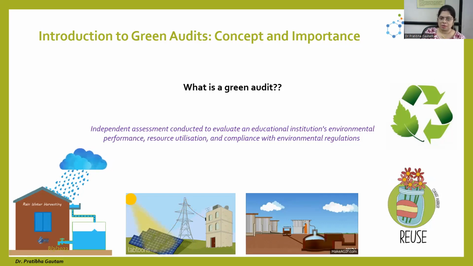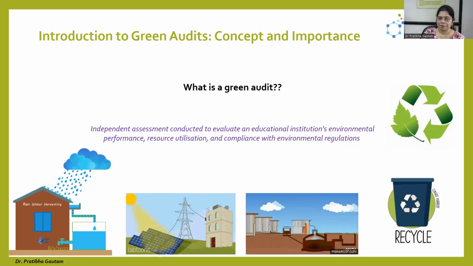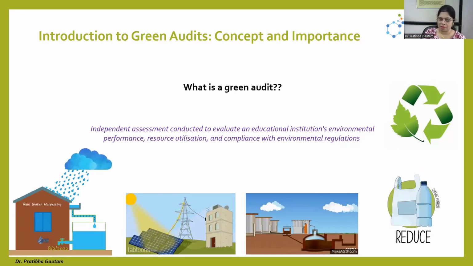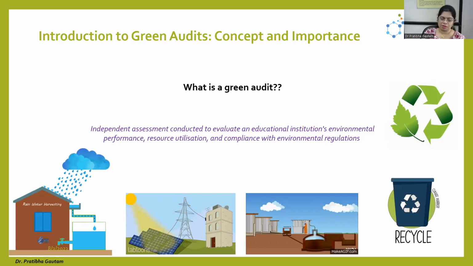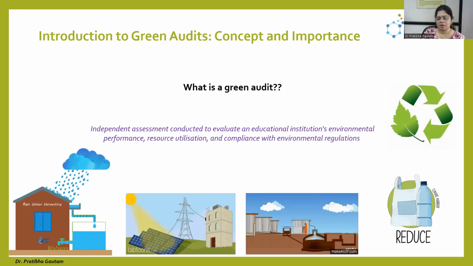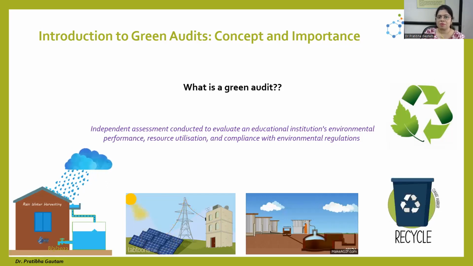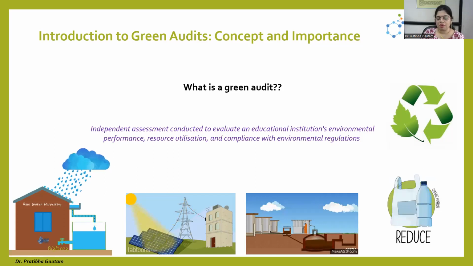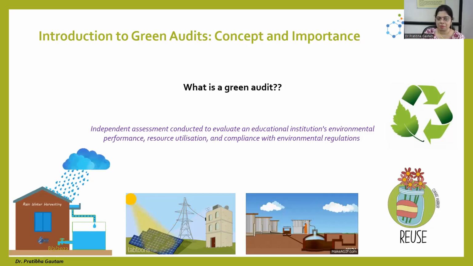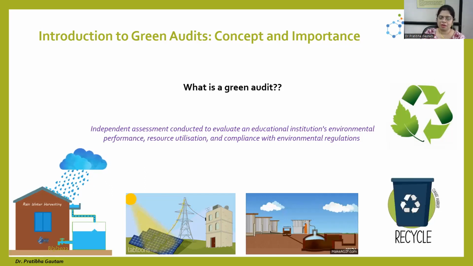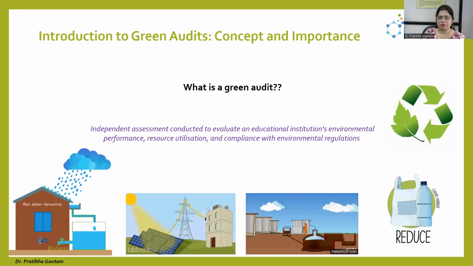So we are evaluating an educational institute's environmental performance, their resource utilization, and their compliance with environmental regulations. We can summarize the activities and purposes of a green audit in two lines: how an institute is performing on the environmental front, and how better it can perform, which we analyze during the green audit process.